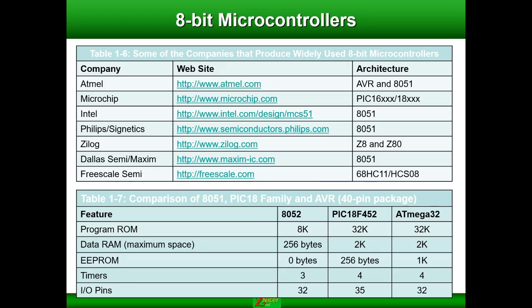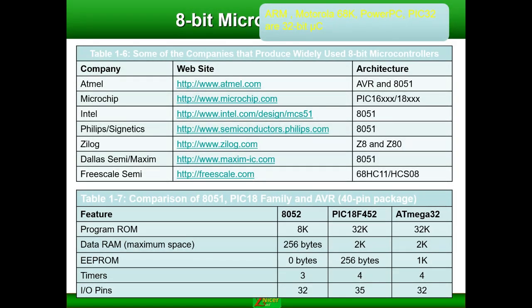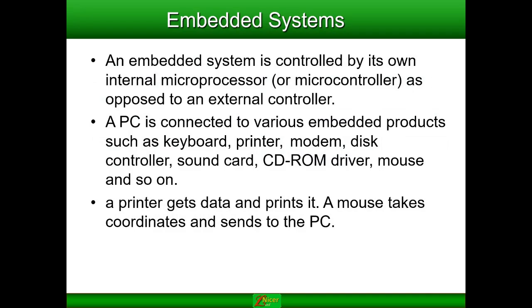Timers, it has 4 timers on it, and it has 32 input output pins. And these are some of the architectures. ARM, Motorola 68K, PowerPC, PIC 32 are 32-bit microchips. So embedded systems, an embedded system is a system controlled by its own internal microprocessor or microcontroller, as opposed to an external controller.